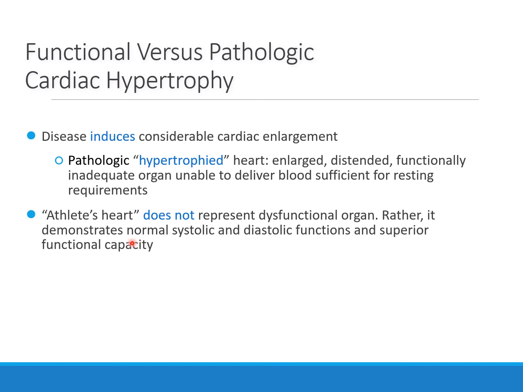And what we see in the athlete's heart is you're getting this big hypertrophy, but it's actually just because you're way more efficient. It's trained to do that, versus someone who has a cardiac disease. Their heart's not trained to be at that size or at that level, and then all of a sudden it becomes super inefficient.